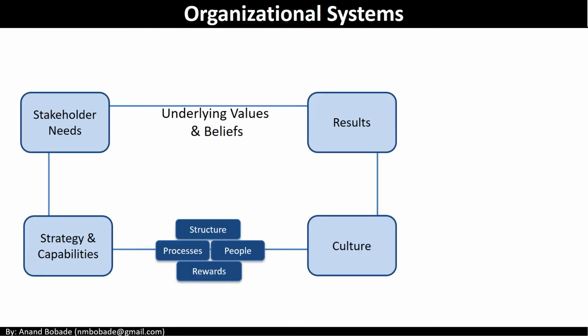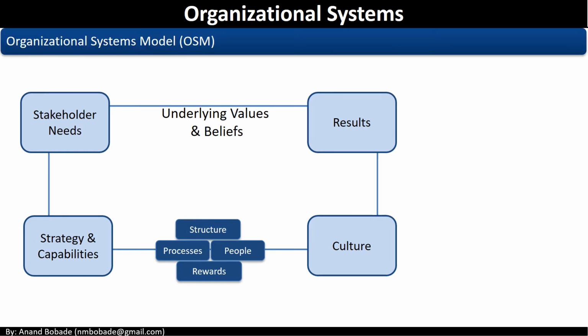Look at the diagram. It has four major elements: stakeholder needs, strategy and capabilities, culture, and result. This is also called the organizational system model or OSM. Every organization has its values and beliefs. These underlying values and beliefs, along with the stakeholder needs, define the strategy and capabilities of the organization.